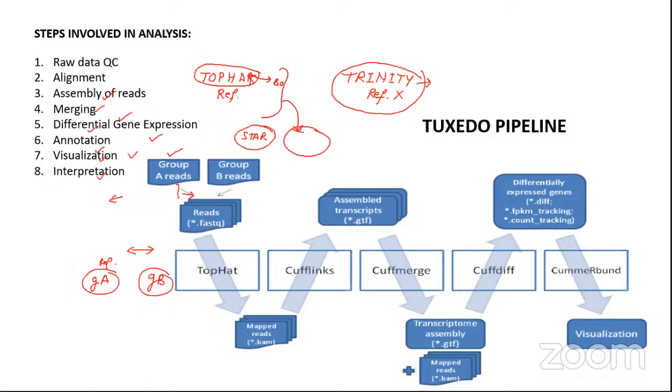We need to merge them and see how the genes are present in both samples separately. We can merge using Cuffmerge, do the differential analysis using Cuffdiff, and then visualize using CummeRbund. So this is the general overview of the Tuxedo pipeline, which has the TopHat aligner.